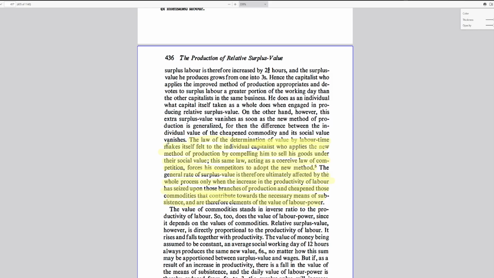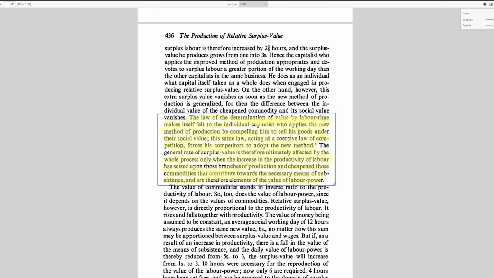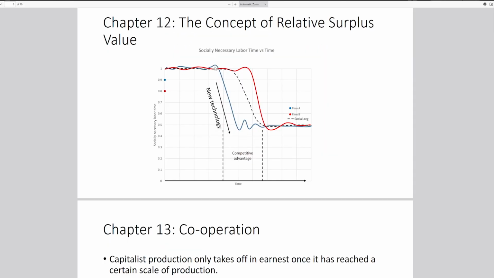Again, I think hopefully this is pretty similar to what I just described in this figure, right? So on one hand, they're compelled to sell things below their social value. In other words, you're compelled to find either new ways of exploiting your labor, new technologies that make them more productive, etc., so that you can dip below the dotted black line.